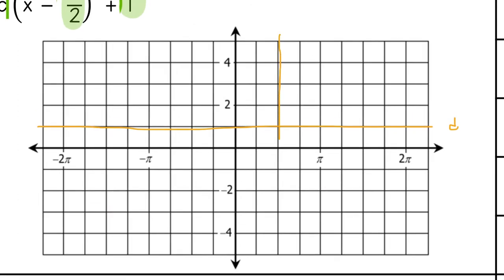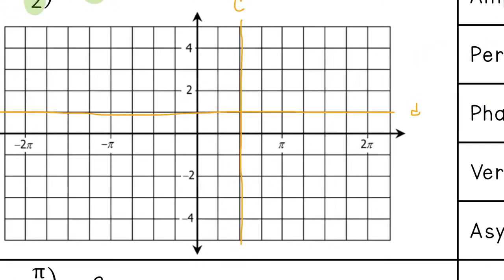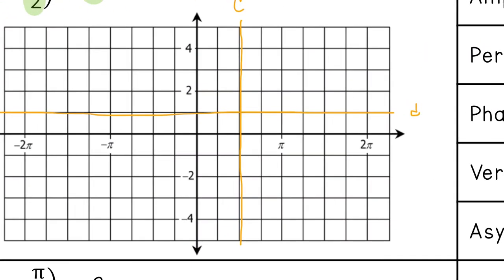Okay, so this right here is where I need to start my cycle of cosecant because it is C. Okay, B is 2 pi, so that means 2 pi away from that line. So the problem is, here's 2 pi, but since we moved 2 squares, we also need to move 2 squares here. So obviously we don't have enough graph for this. It would be somewhere kind of over here, I'm just estimating.